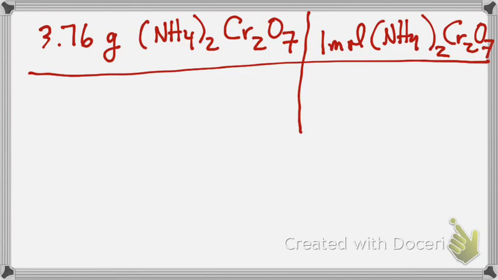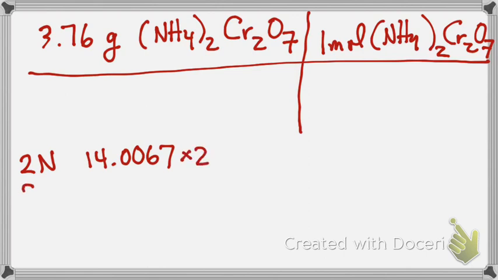So I need to either use my periodic table or my app to determine what the gram formula weight of ammonium dichromate is. Notice I have 2 nitrogens, and each nitrogen is 14.0067. So I'm going to multiply that by 2.